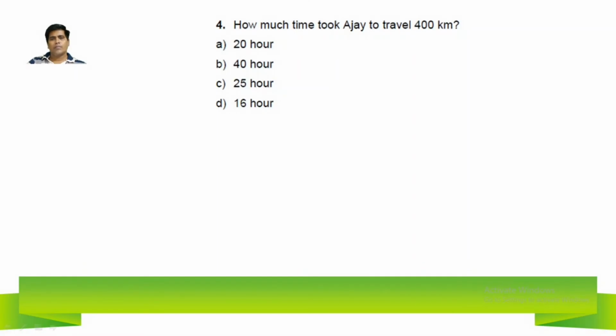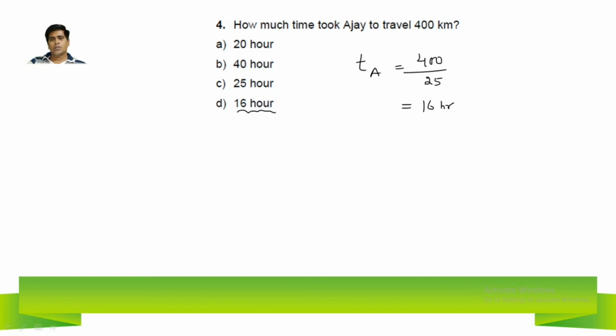Next, question number 4. How much time did Ajay take to travel 400? So time taken by Ajay is nothing but distance by speed. Just now we got the speed, that is 25. 400 by 25. If you simplify, you will get 16 hours.